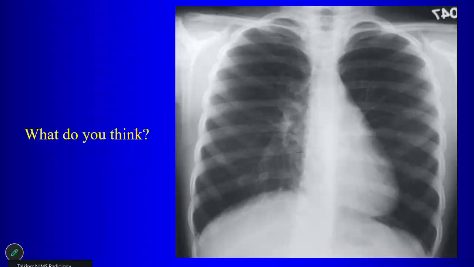What about the right heart border? Where's the right heart border? Oh, there's some mediastinal shift towards the left side, right? And the vascularity in the left lung is diminished, right? So there's some shift of the mediastinum towards the left, and the vascularity in the left lung is diminished. How do you put that together?